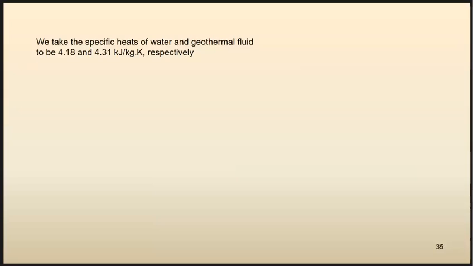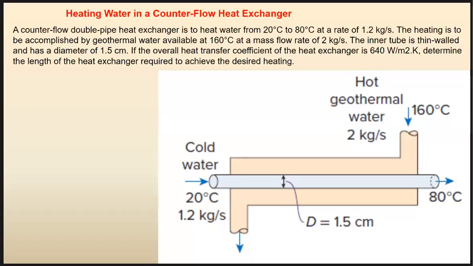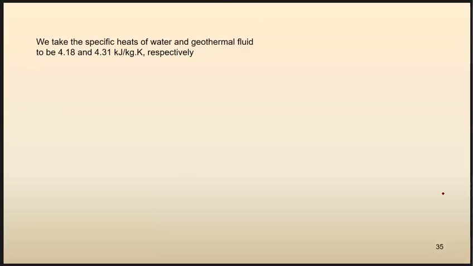For water, we can read the properties at some mean temperature. At the inlet it's 20, at the outlet it's 80 degrees Celsius, so the mean temperature is around 50 degrees, right? So at 50 degrees Celsius, you read the specific heat of the water and it is around 4.18.